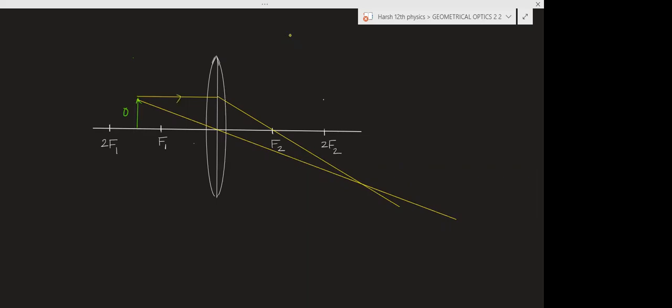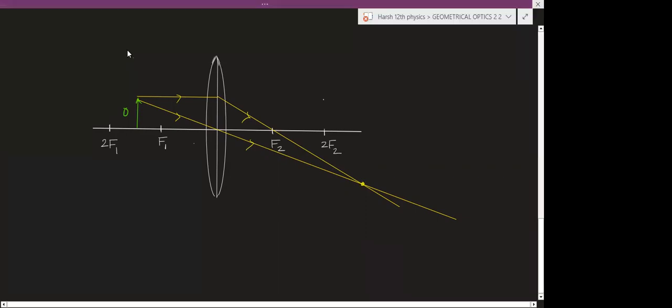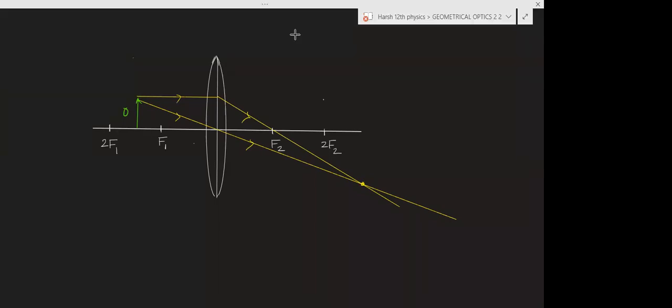It will form beyond 2f2, larger than the object, real and inverted also, because the rays are actually meeting below the principal axis.